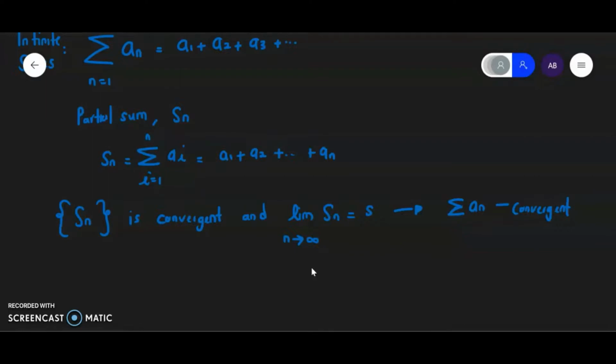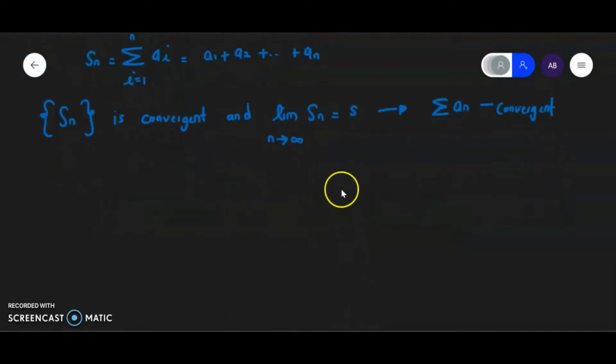So how to do this? Let's look at one example, similar to the example I have shown you earlier on. Let's say we are given this infinite series, the summation of n.